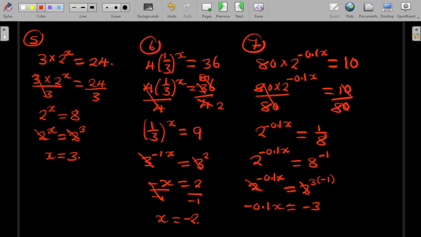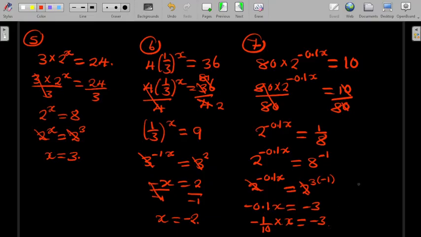Given this now, remember I was solving for the value of x. So the next thing we'll do is change negative 0.1 to a fraction, which gives negative 1 over 10. Then this should multiply with x, and we have negative 3.